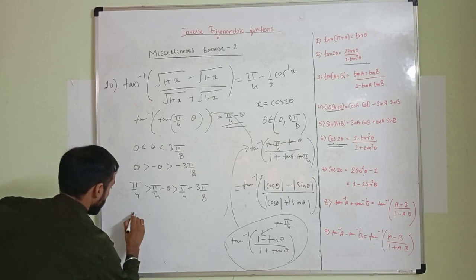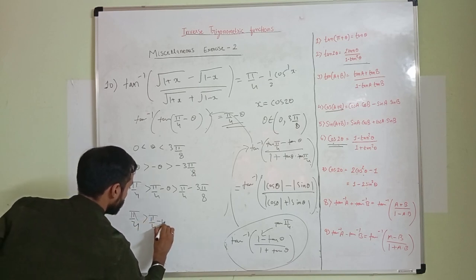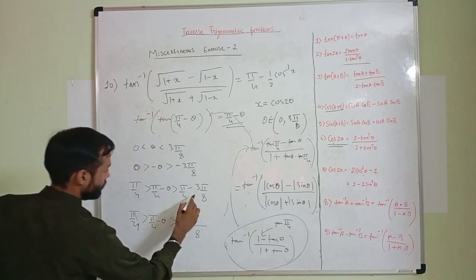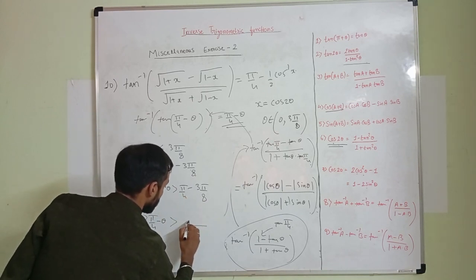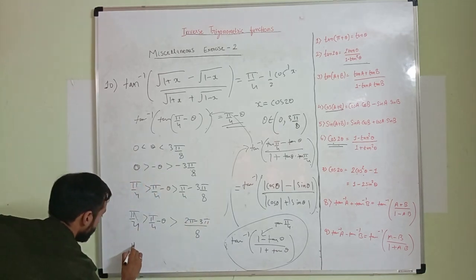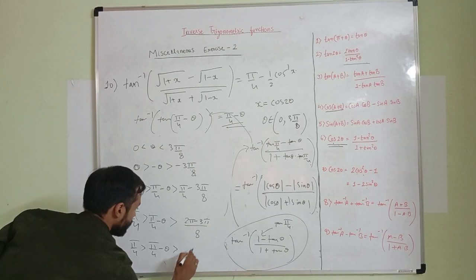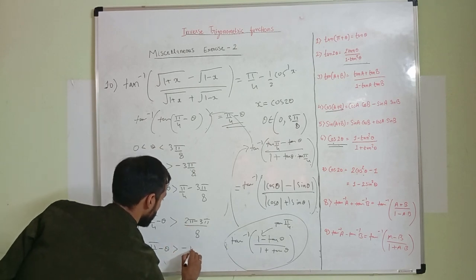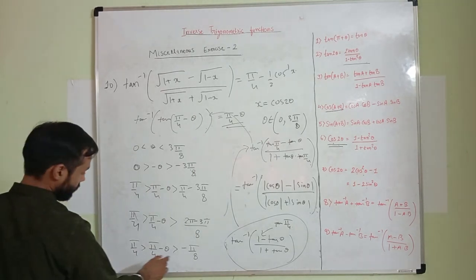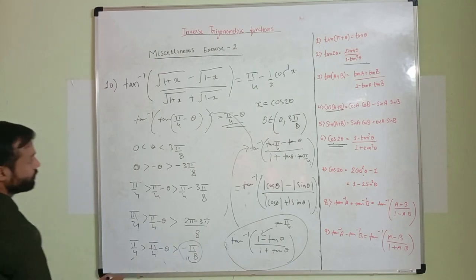Now solving this, pi by 4 greater than pi by 4 minus theta, and for the other side, 8 will be the LCM and this will be 2 pi minus 3 pi. So ultimately this will be pi by 4 greater than pi by 4 minus theta greater than minus pi by 8. So pi by 4 minus theta belongs to minus pi by 8 to pi by 4.